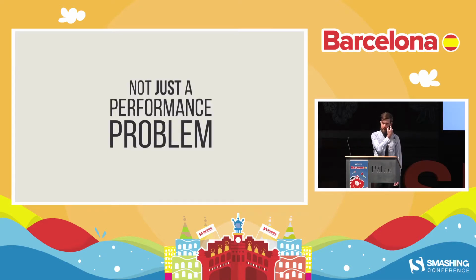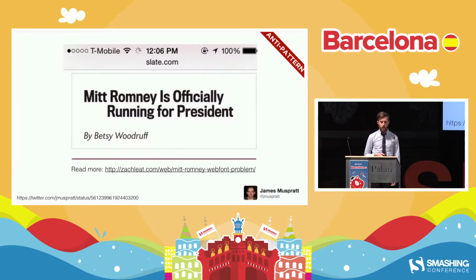But there are some anti-patterns that aren't just performance problems, right? They don't just affect the perceived performance of our pages. So Slate.com had this excellent article earlier this year about the US presidential campaign. Slate.com is a news website that prides itself on journalistic integrity, accuracy of headlines, and they've used a web font here for their title. But there's kind of something interesting happening with some white space there.